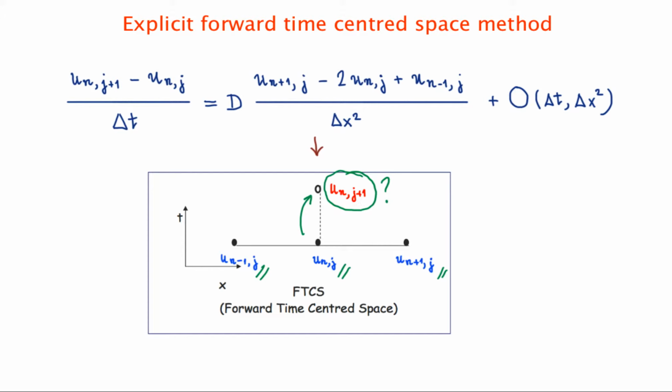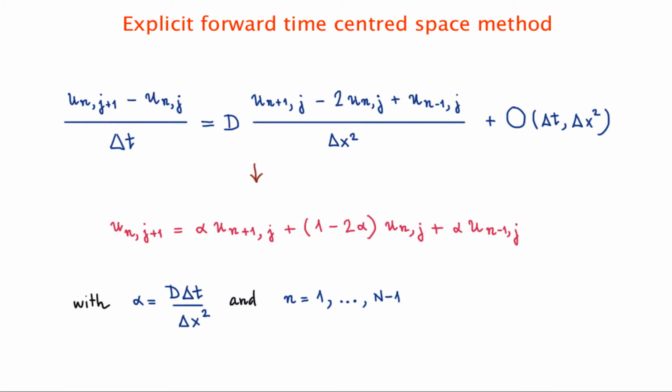So the only remaining thing in order to get the finite difference representation that we want to apply in order to solve the equation is to clear from this expression the value of u at time j plus 1. And when we do that, this is actually the expression that we do have.